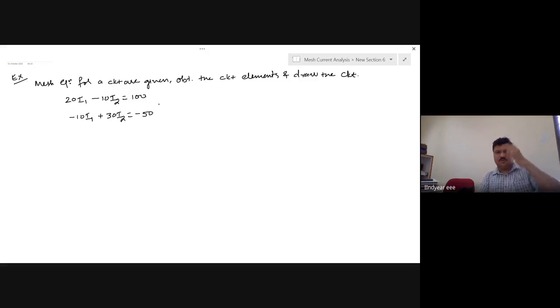So these are the two equations given. It is evident that the circuit consists of two meshes. We have two equations with two unknown currents.